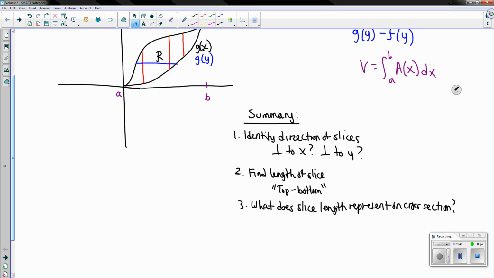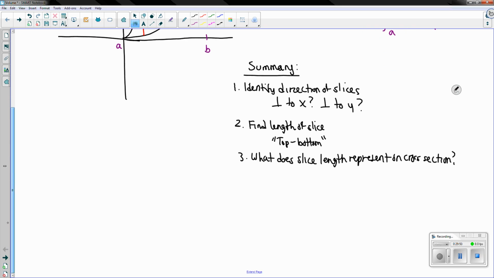And the reason that's important is because we know the length of that cross-sectional slice is going to be incorporated somehow in our area calculation for that cross-section, right? So once we know what it represents, then you want to be able to format the area formula for the cross-section in terms of the functions given.